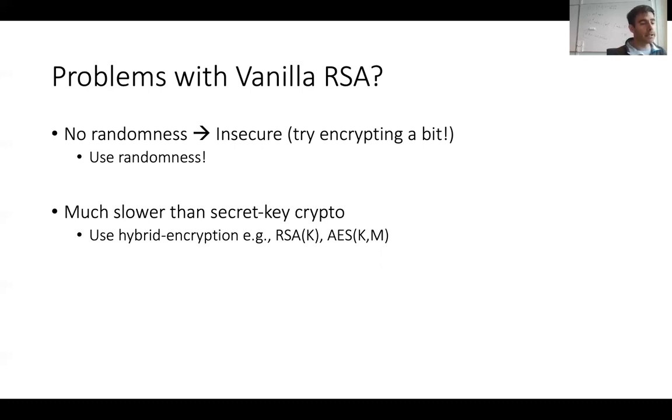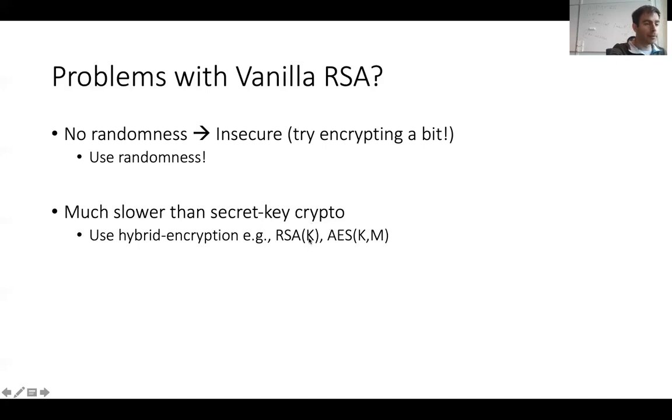Whereas public key cryptography, since it requires working with modular arithmetic, is much less efficient. It's fast, but not as fast. If you have to encrypt gigabytes of data using RSA, it will not be as fast as you want. So because of this, there is this standard trick known as hybrid encryption, which proceeds as follows.